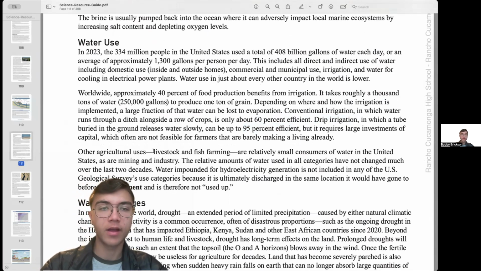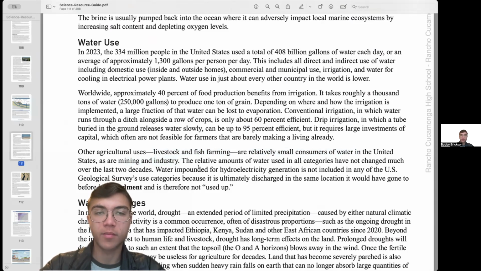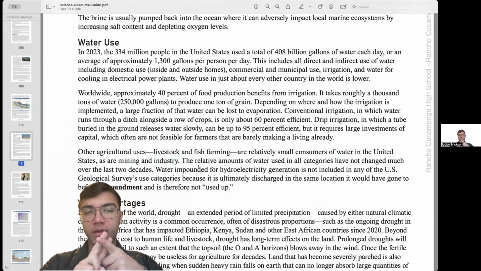Then we have livestock and fish farming, which are actually relatively small consumers of water. Livestock, fish farming, mining, and industry are all relatively small consumers of water in the United States. And so we can remember livestock, fish farming, mining, industry as not taking up too much water.